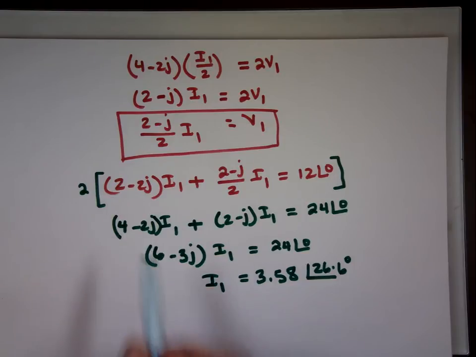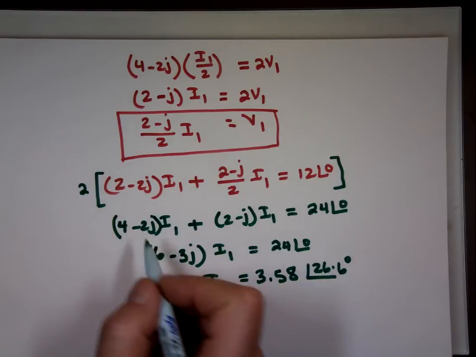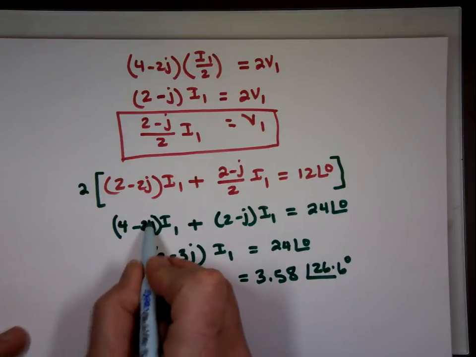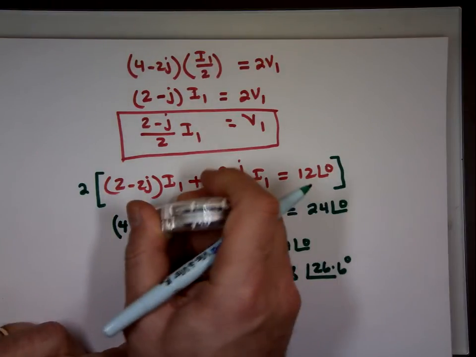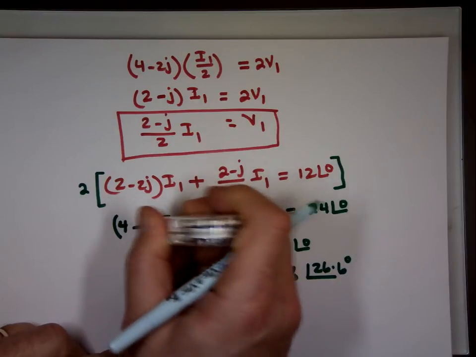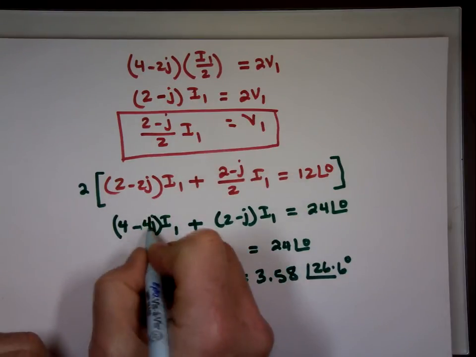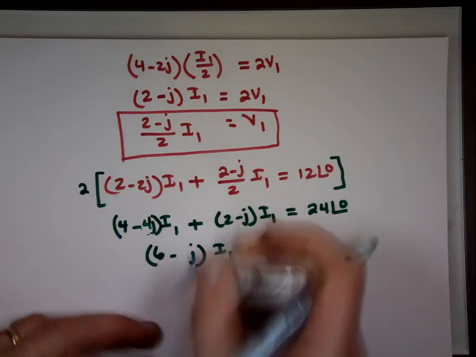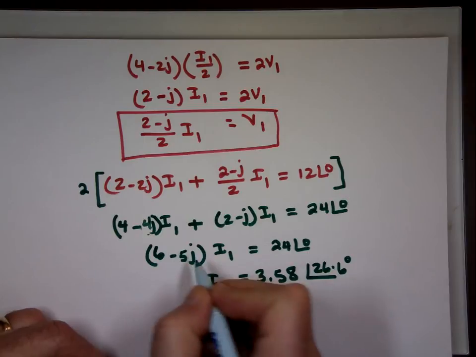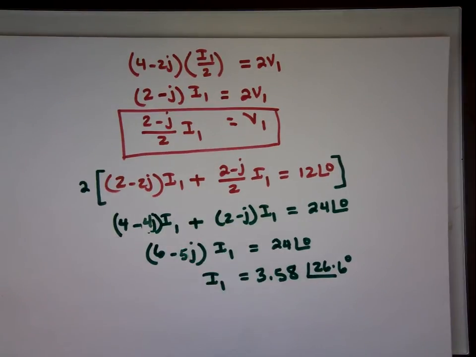Oh, that should have been 4 here, right? J, yep, that should have been a 4. Thank you. That's a 4. Correction on this. Good job, Tom. I forgot this piece. That was 2j. That should have been 4j here. So that's going to make that, what, 5? 6 minus 5j, so let's change I sub 1.